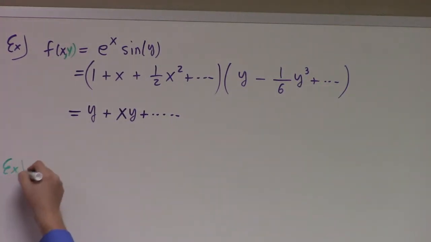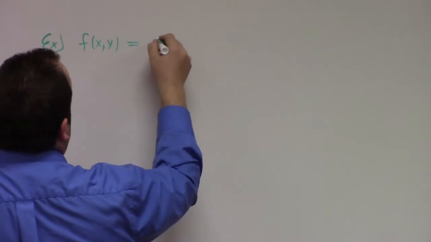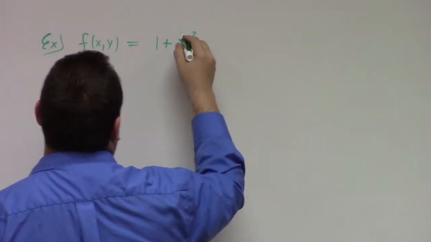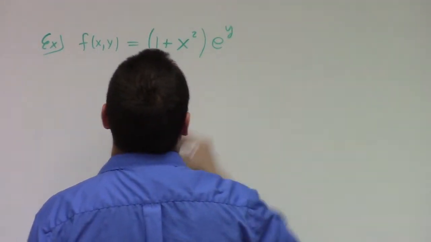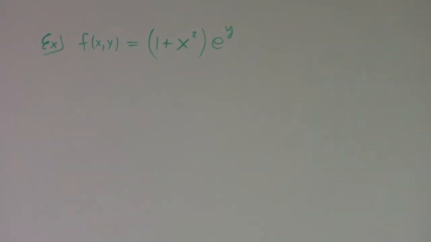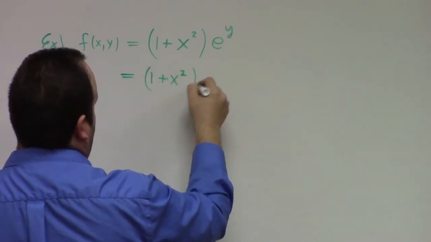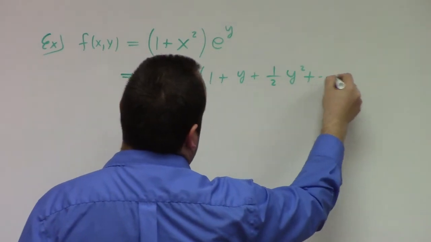All right, see here. What if we had something like this? f of x, y equals 1 plus x squared times e to the y. So we've got 1 plus x squared times 1 plus y plus 1/2 y squared.